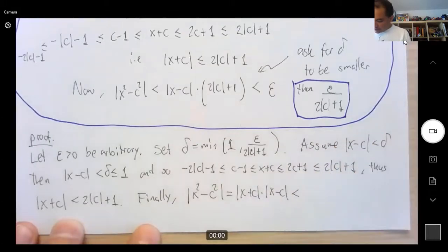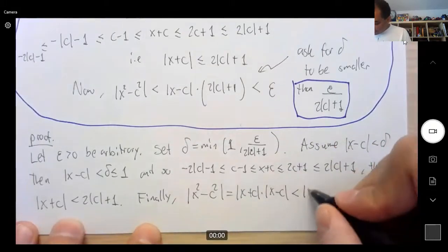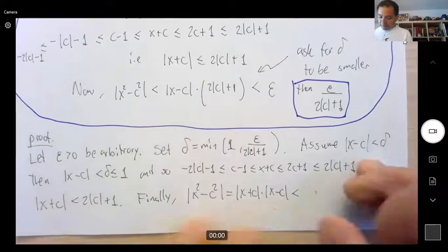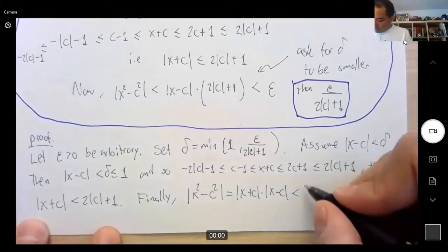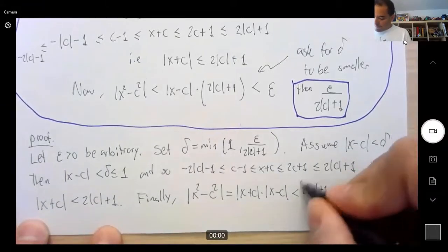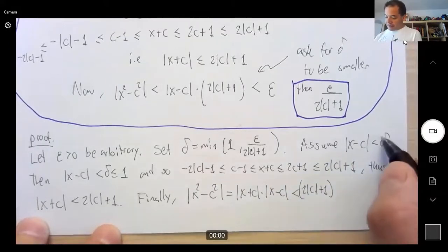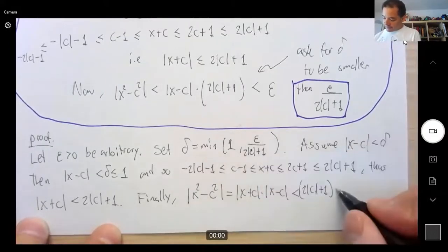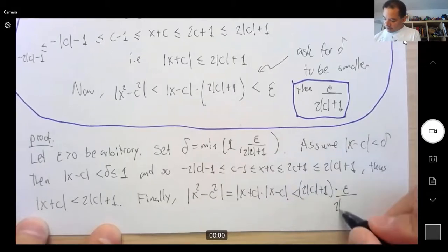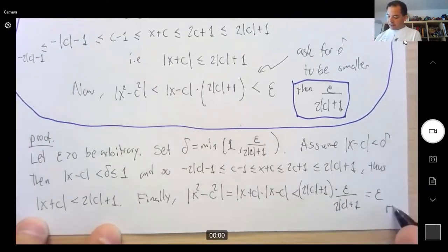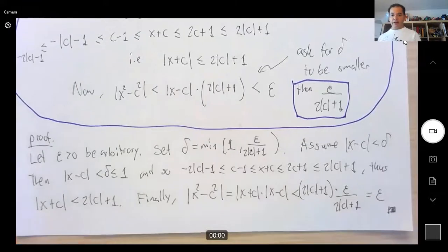Well, this is going to be less than |x plus c| times |x minus c|. |x plus c| is bounded by this number, 2 absolute value of c plus 1. And |x minus c| is less than delta, which is less than this number, epsilon over 2 absolute value of c plus 1. These two cancel, and I get epsilon. And we are done. All right? So that's the proof. Okay.